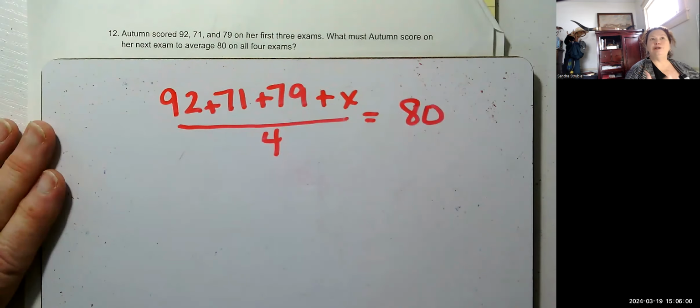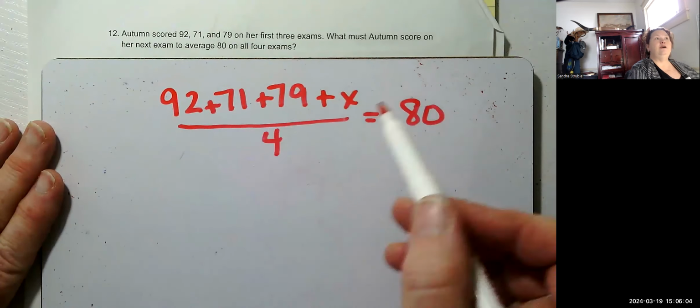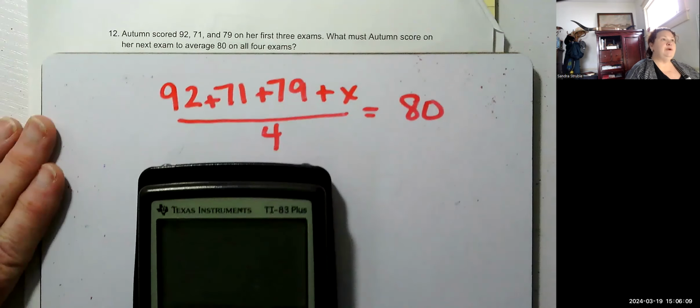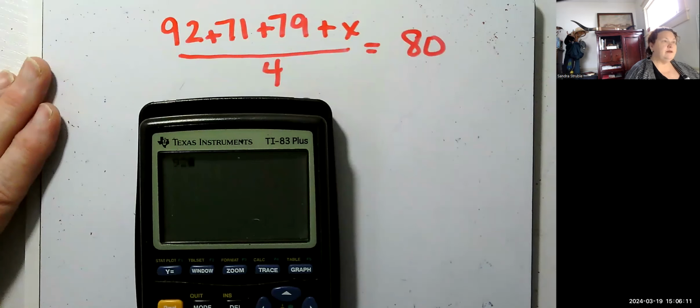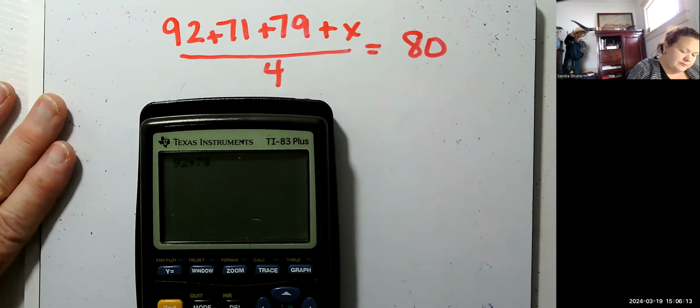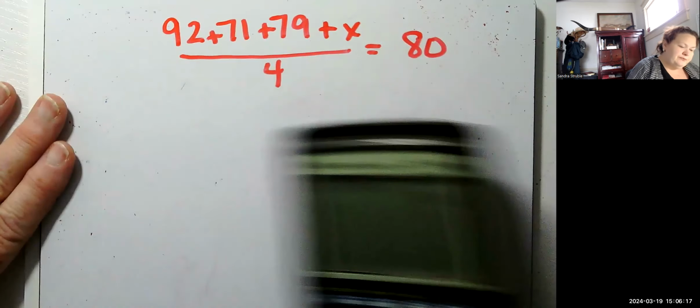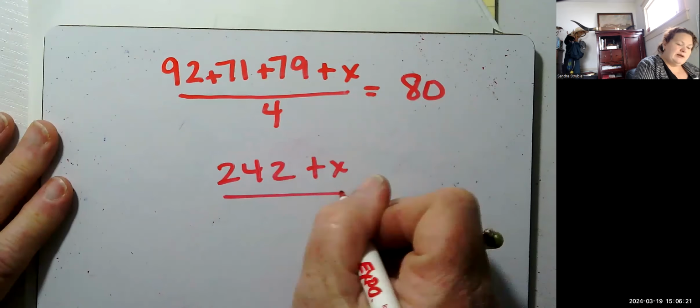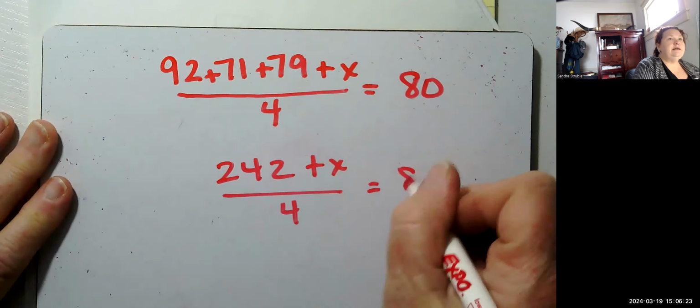All right, so now we're going to just solve for x. The first thing I'm going to do is go ahead and add all of my 3 exam scores that we do have. So 92 plus 71 plus 79 is equal to 242, plus x, and all this is divided by 4, is equal to 80.